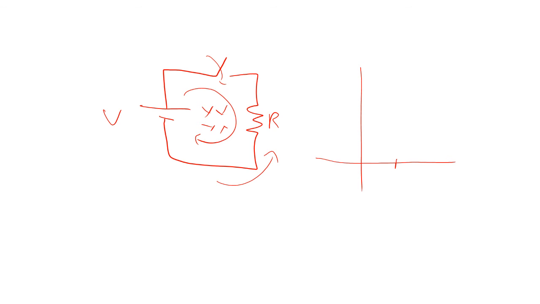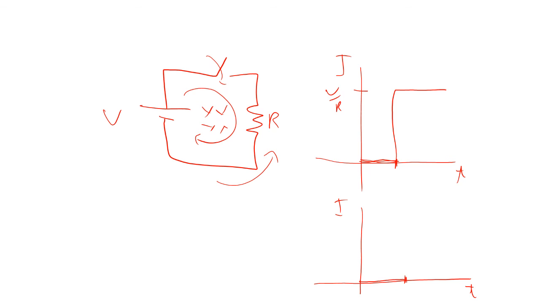Naively you would think that before you close the switch there's no current, and then suddenly the current jumps up to V over R. But that's not what really happens. What really happens is you close the switch, there's no current, and then it asymptotically increases to V over R.